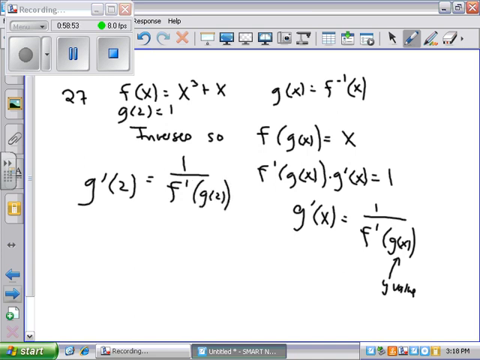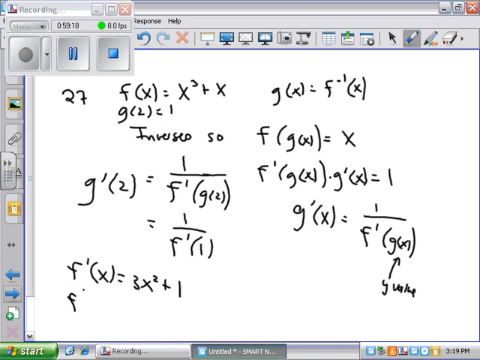Every time they ask you to find the derivative of an inverse, you're going to be doing 1 over the derivative, and they had to tell you what g of 2 was, or you couldn't do this, right? They told you g of 2 was 1. So we got to get the derivative, plug in 1, and then take the reciprocal. So f prime of x is 3x squared plus 1.